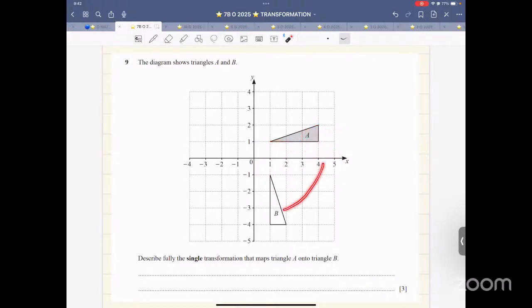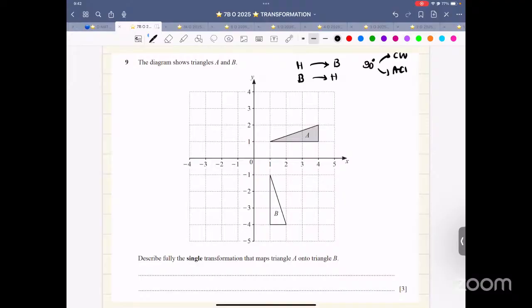But when it is transformed, the base became the height, and the height became the base. When such is the scenario, that height becomes the base and base becomes the height, that is a 90-degree, either clockwise or anti-clockwise, rotation.